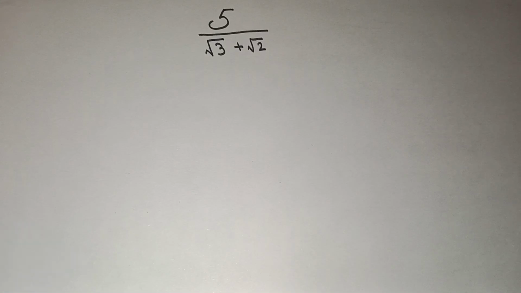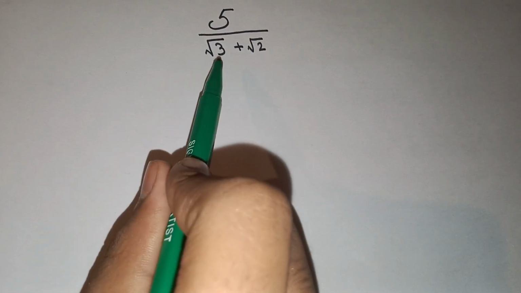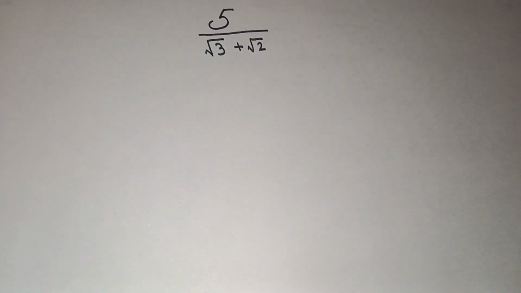Let's go ahead. The question says 5 over surd 3 plus surd 2. I will call the square roots surds. So how do we solve them? There are certain rules to follow to reach the correct answer. The first rule is to rationalize the denominator.